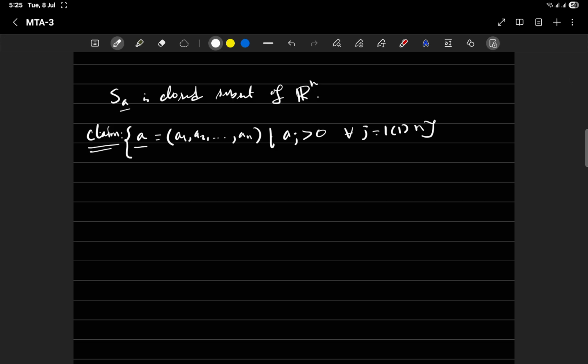This is our claim, for which SA is bounded, and that gives you the compactness. But why? Look, this is very simple.